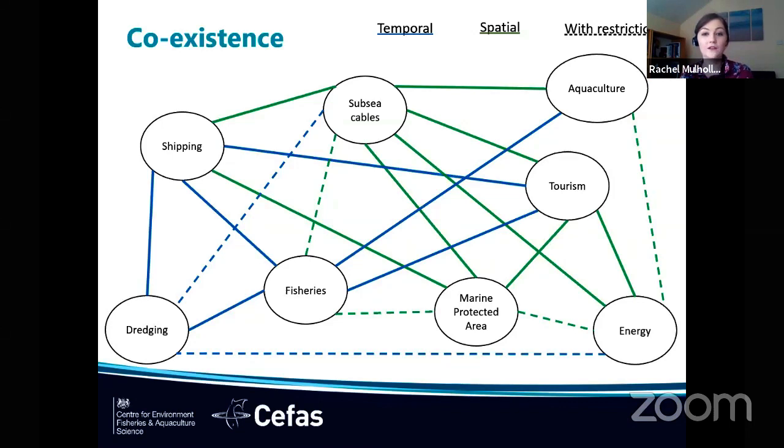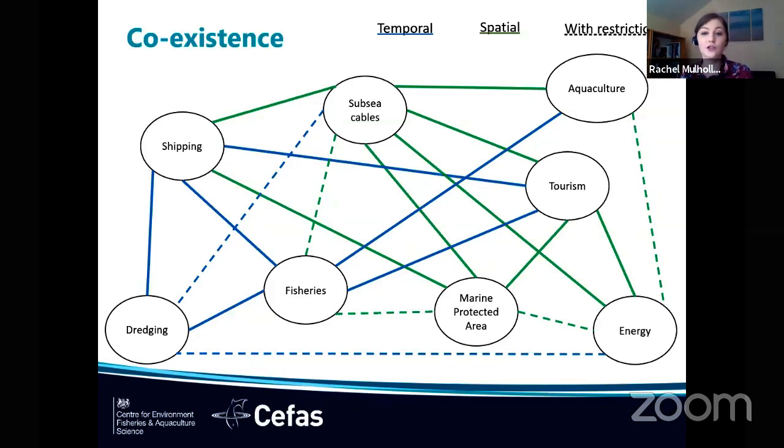It will all depend on the type of activity and its impacts, and also on the features for which that area is protected and what the sensitivities of that protected feature are. For example, if an area is protected for a sedimentary or seafloor feature, then many water column and sea surface activities can continue without having any impact on that protected feature.